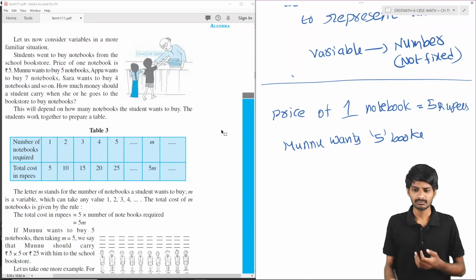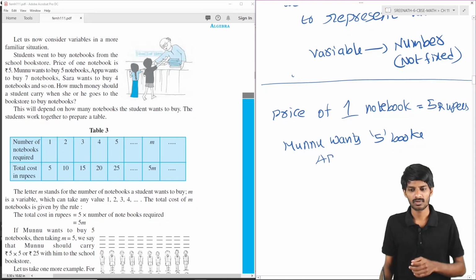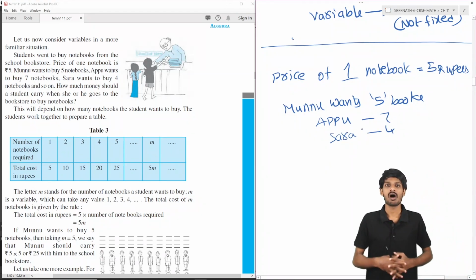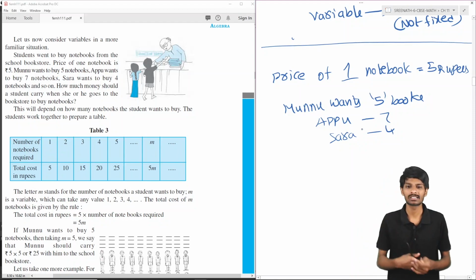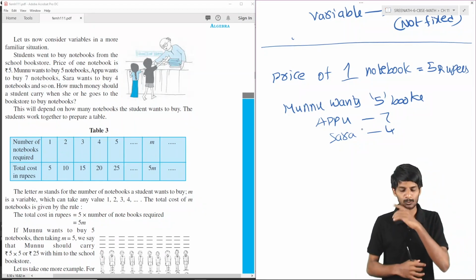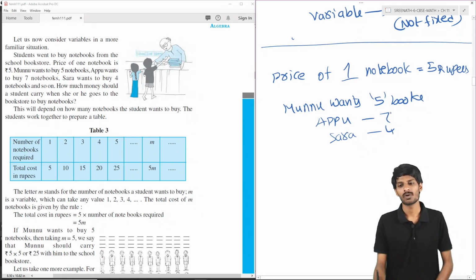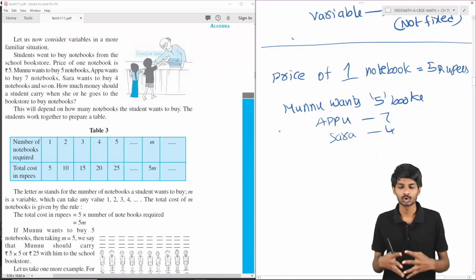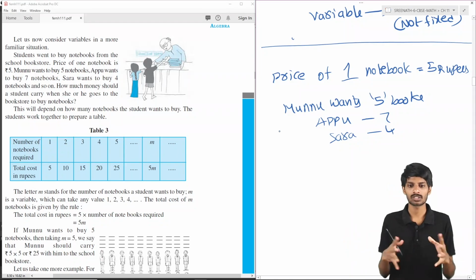So Munu wants 5, Appu wants 7, and Sarah wants 4. So totally, how much money do they have to carry to the school bookstore to buy the notebooks? What is the total money?